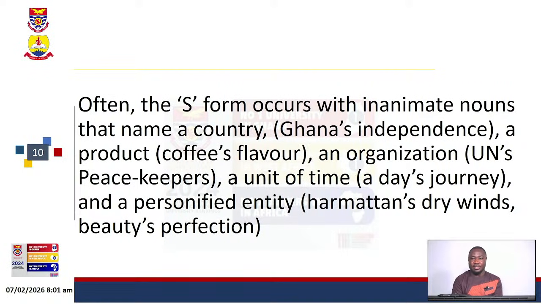So Harmattan's dry wind, beauty's perfection. But remember also that poets have license, so they may not care whether it is inanimate or animate. They can decide to restore the apostrophe and then the S.